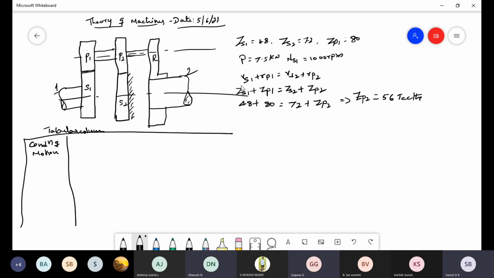Arm R, that one, present on the right side. Then Arm R is connected to which gears? P1 and P2, the compound gears. You can consider the first compound gear P1 and P2.